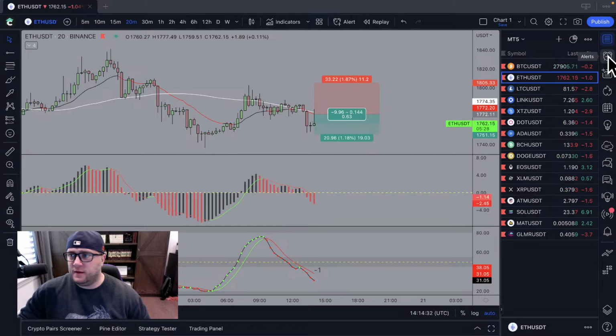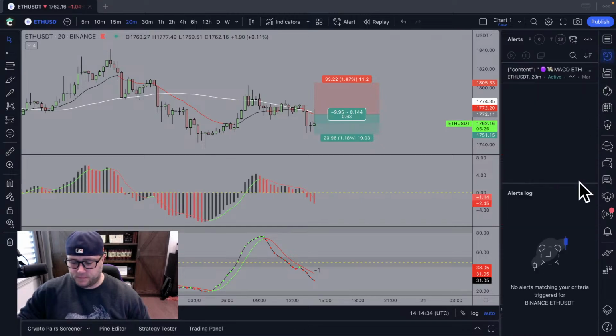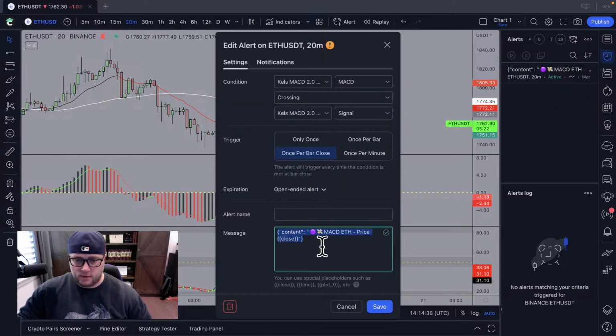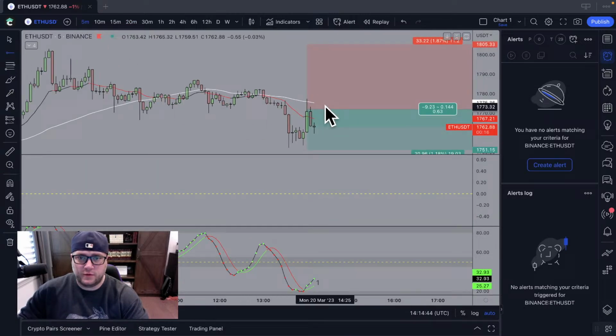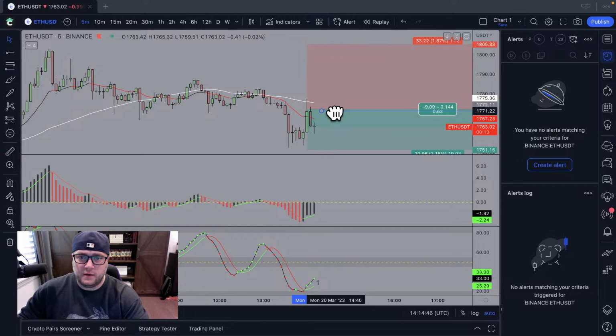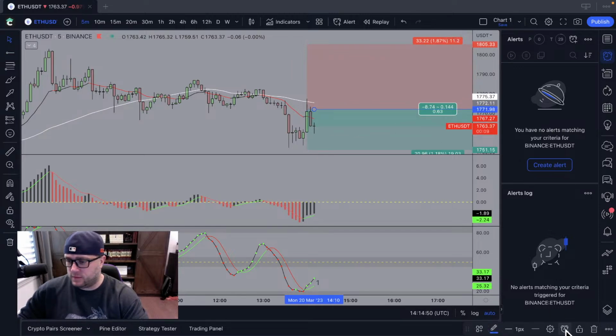Again, going to do the same thing here. I'm going to copy this, go down to the 5-minute chart, and put our horizontal line there. And if it comes in there, we just close it.